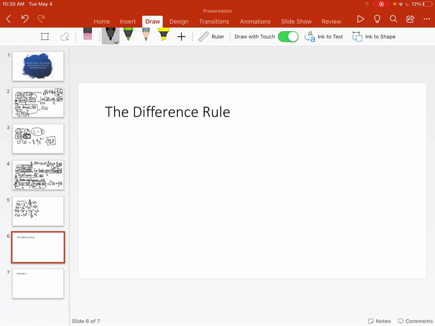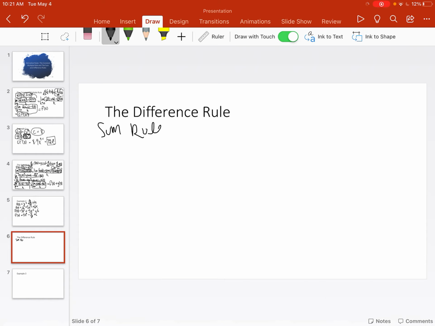So let's continue on. The difference rule is, okay, I'm going to write down the difference rule actually. The difference rule is basically just the sum rule, but with a minus sign.